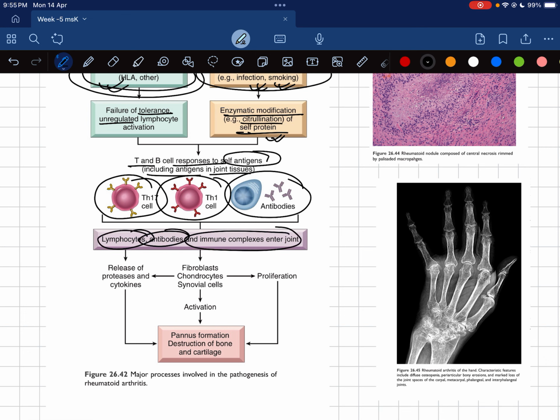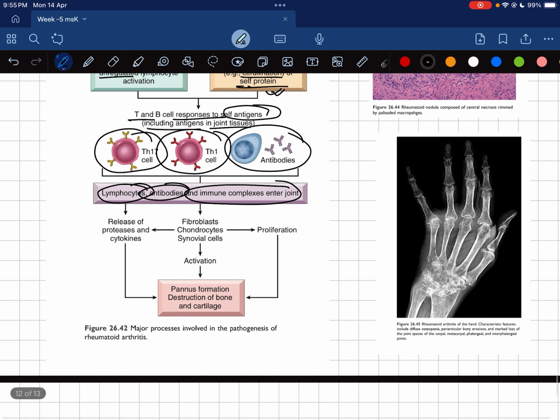These immune complexes enter into the joint and lead to the release of proteases and cytokines. These also stimulate fibroblasts, chondrocytes, and synovial cells to proliferate, and these cells also release proteases and cytokines that stimulate further activation of fibroblasts, chondrocytes, and synovial cells.